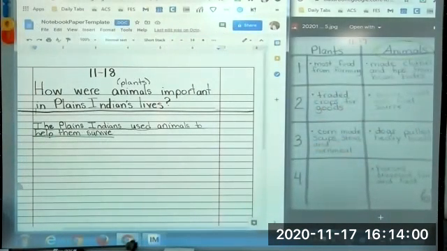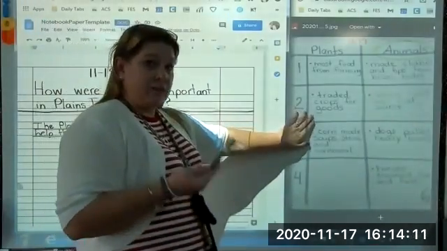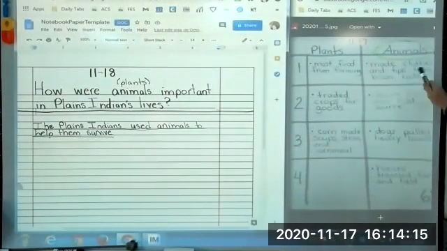So now I need to use my first piece of evidence that explains how the Plains Indians use animals to help them survive. So I'm going to come over here to my chart on page 63. My first two pieces of evidence talk about bison and how the bison helped the Plains Indians to survive.